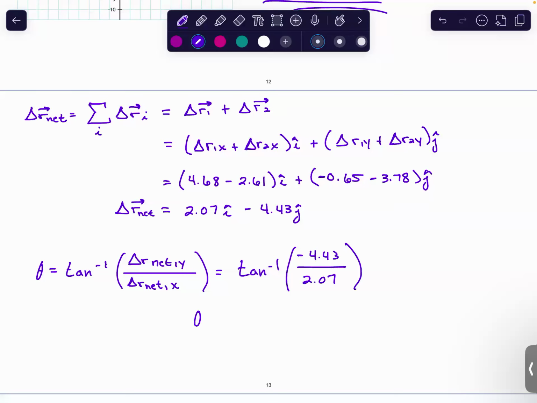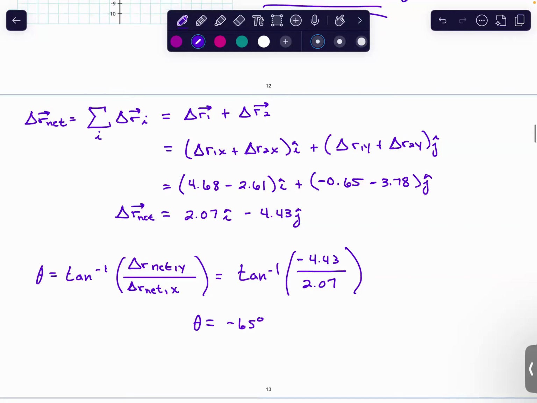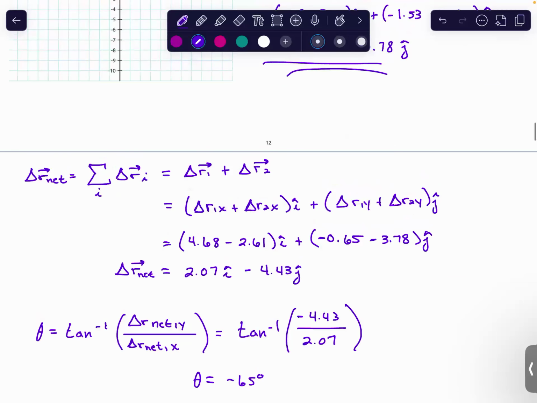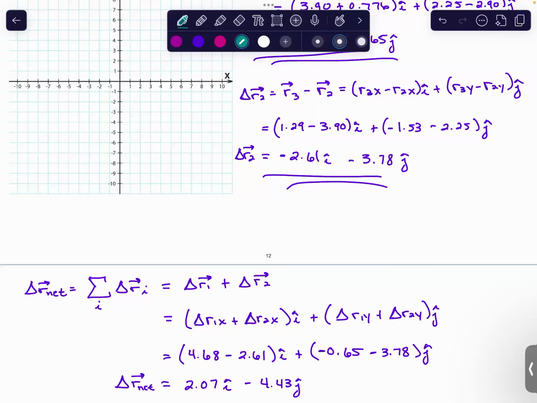Theta is going to come out to be negative 65 degrees, which makes sense because with a positive X and a negative Y, what quadrant's that in? Fourth quadrant. So our negative 65 is going to be 65 degrees clockwise into the fourth quadrant. So if we were to take just the displacement vectors and put them on here, we would have something like, there's one there. One here.